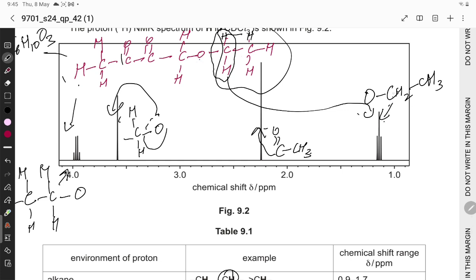So this CH2 is responsible for this peak because the hydrogen atoms are 2, and according to the n plus 1 rule, 2 plus 1 is equal to 3. So it gives a triplet peak, and this peak is due to an electronegative atom.